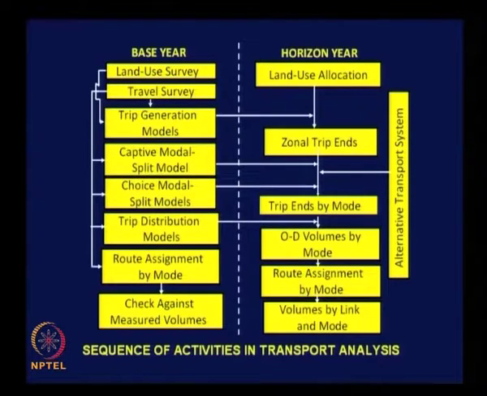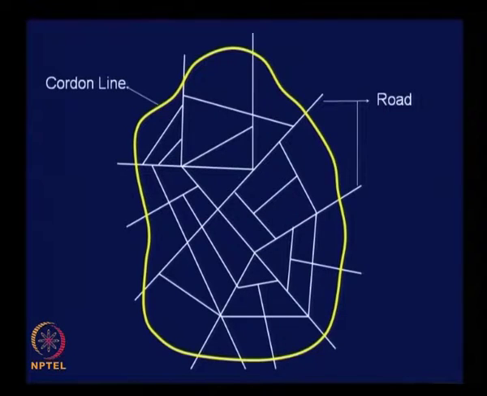And let us say after assigning the traffic in the road network, the white lines indicate the road network and the yellow line is the cordon line. So, after assigning the traffic, you will get some indication about the traffic volume level in each of the links of the whole network, isn't it.